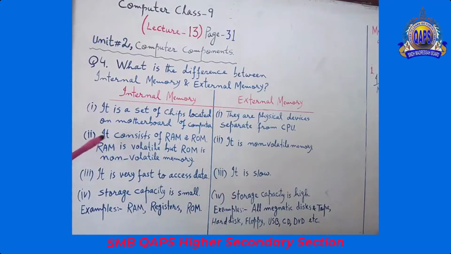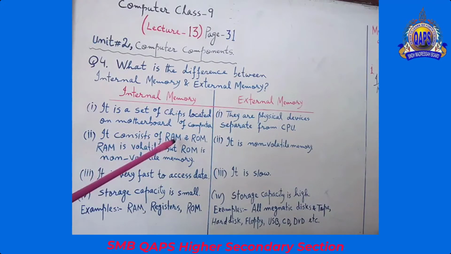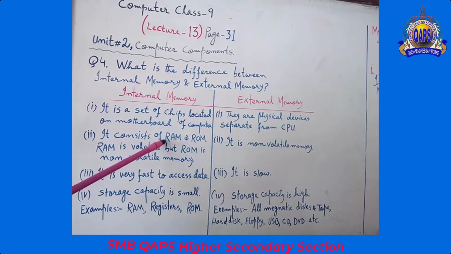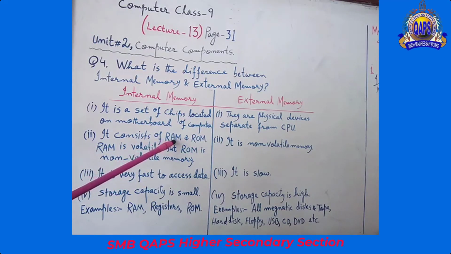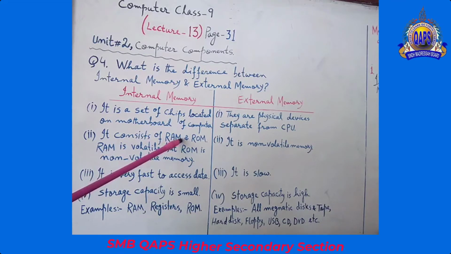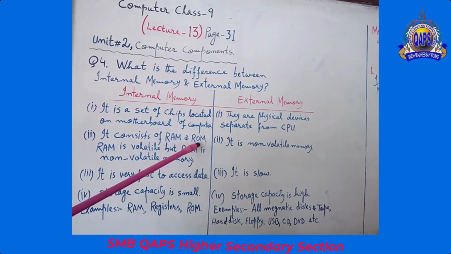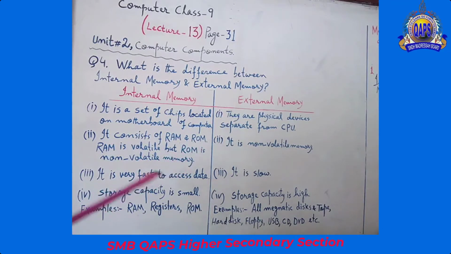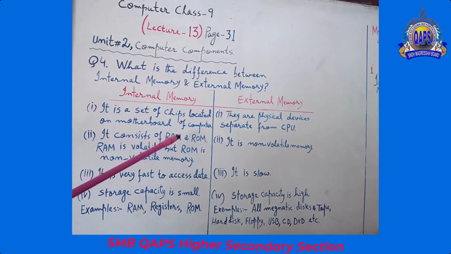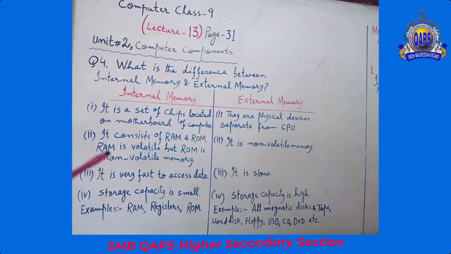Number two, it consists of RAM and ROM. RAM, random access memory. ROM, read only memory. It consists of RAM and ROM. RAM is volatile.